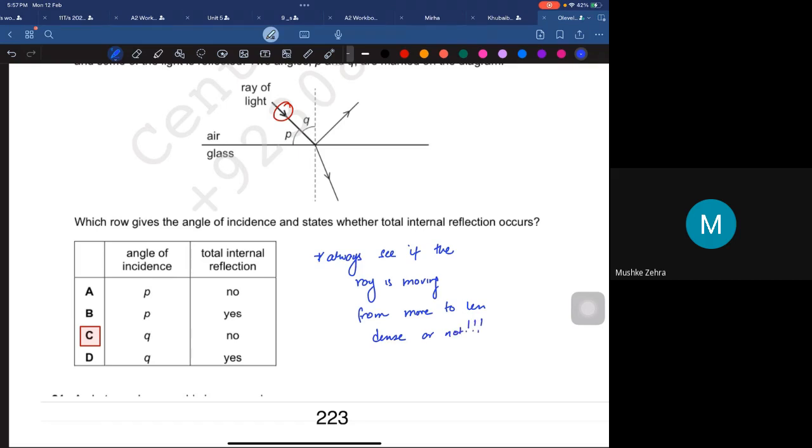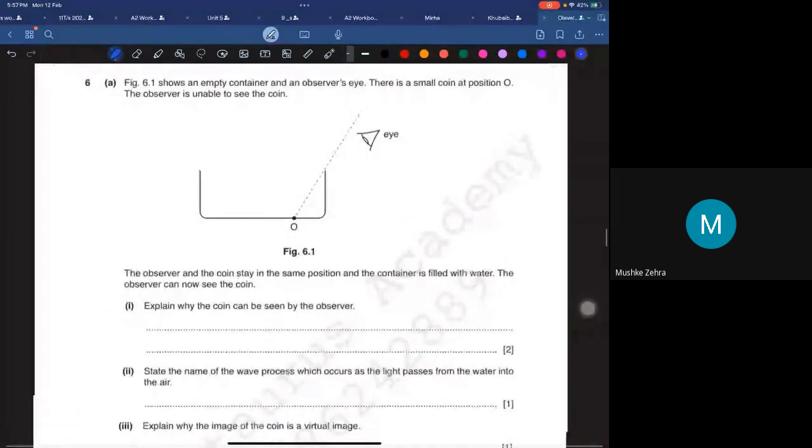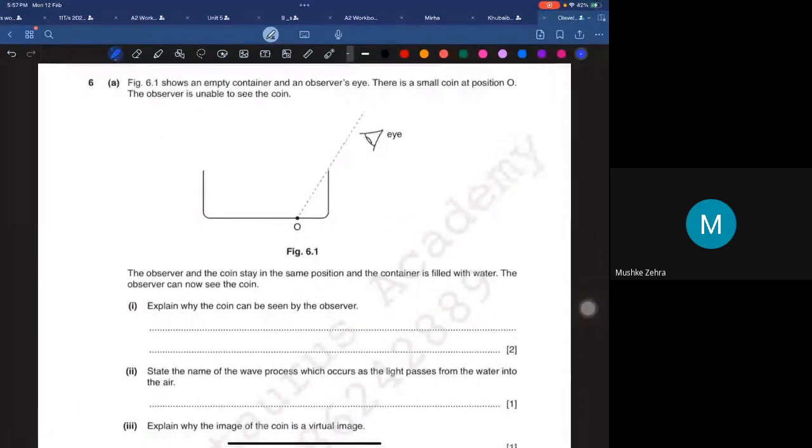Now, the next one shows an empty container and the observer I. There is a small coin at position O, and the observer is unable to see the coin. The observer and the coin stay in the same position and the container is filled with water. The observer can now see the coin. Explain why the coin can be seen by the observer. So obviously, there has to be something related to bending. What causes bending of light? Can you please tell me that?